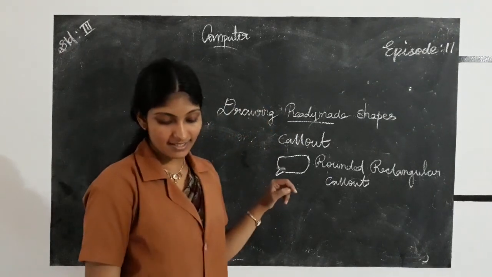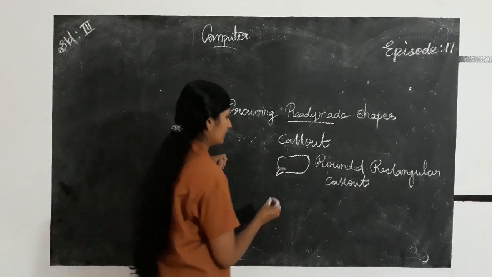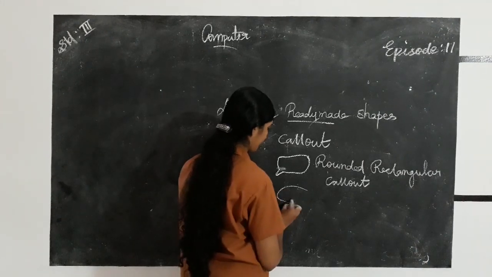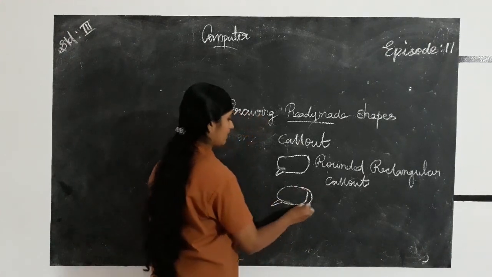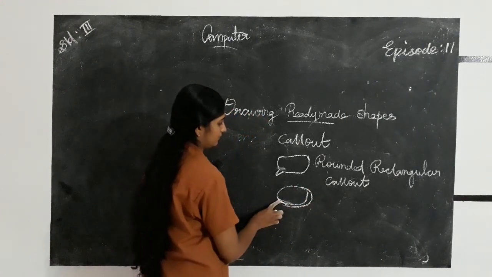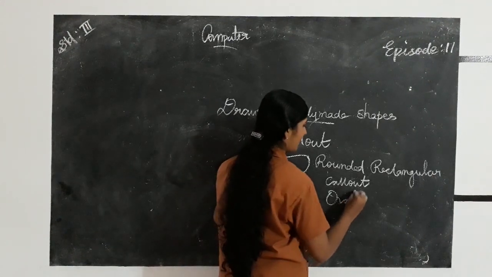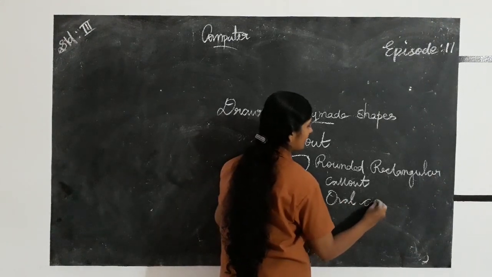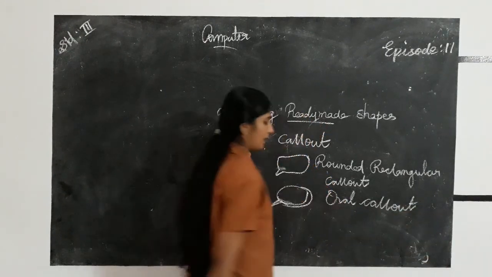Then next shape is oval call out. O-V-A-L, oval call out. C-A-L-L-O-U-T, oval call out.